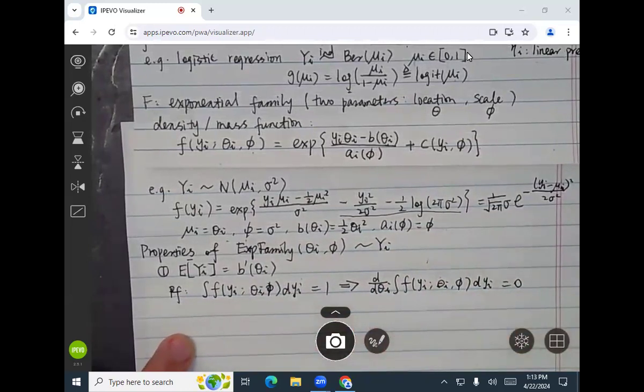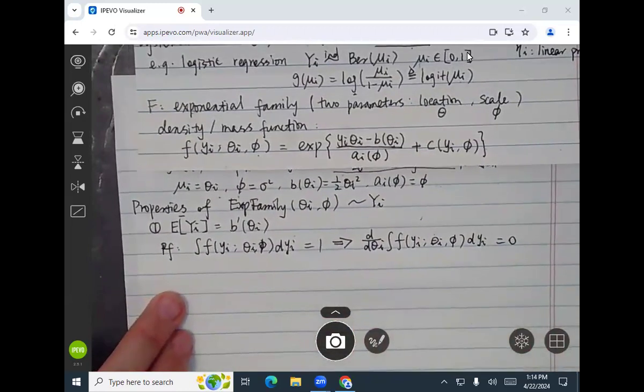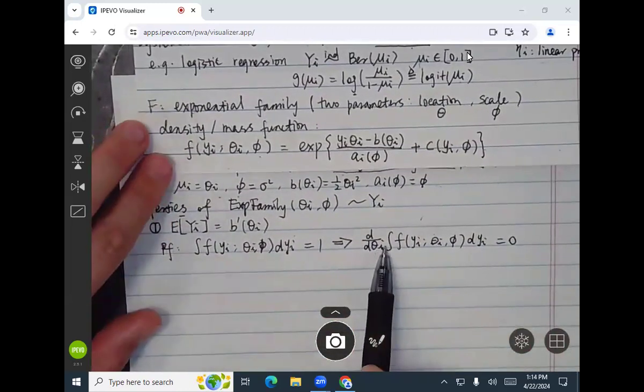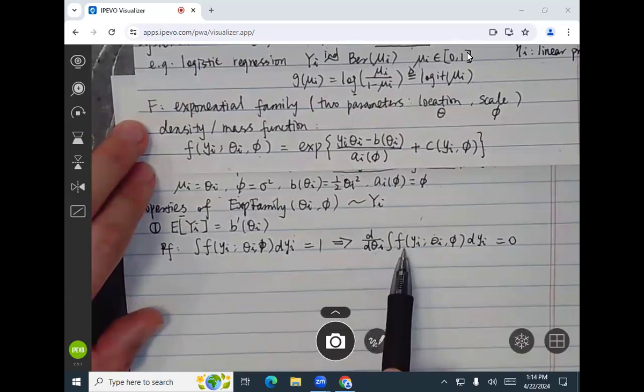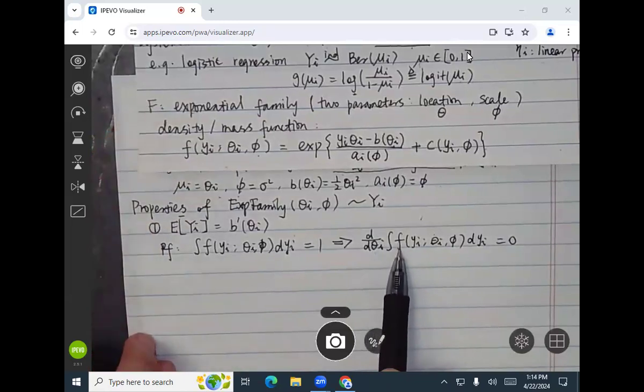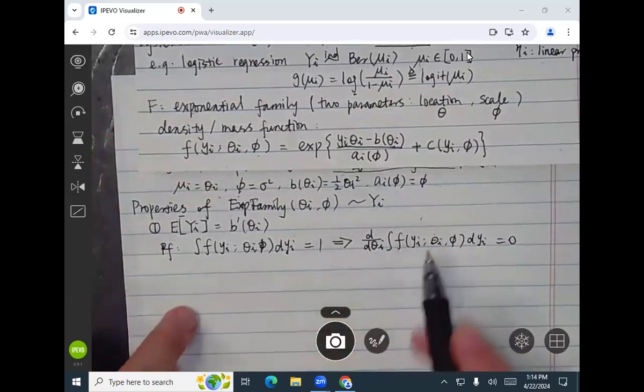The differentiation of one constant is 0. Then, in calculus, we need some conditions to swap the two things. But here we could do it because the density function f is a very smooth function. So we could swap the two.